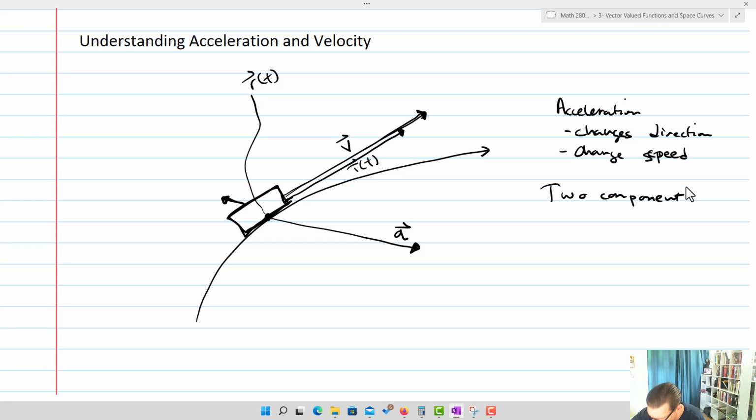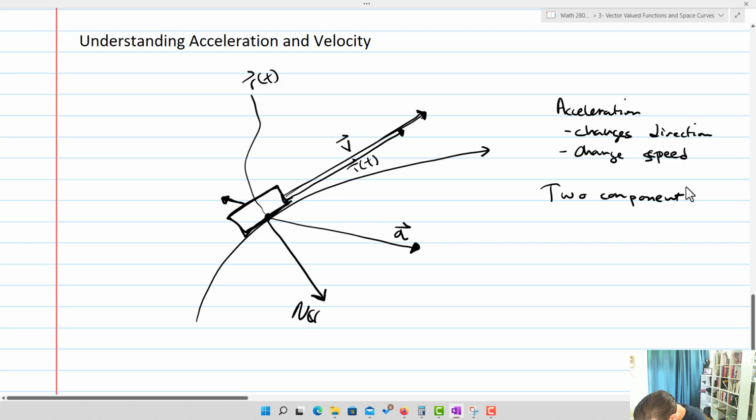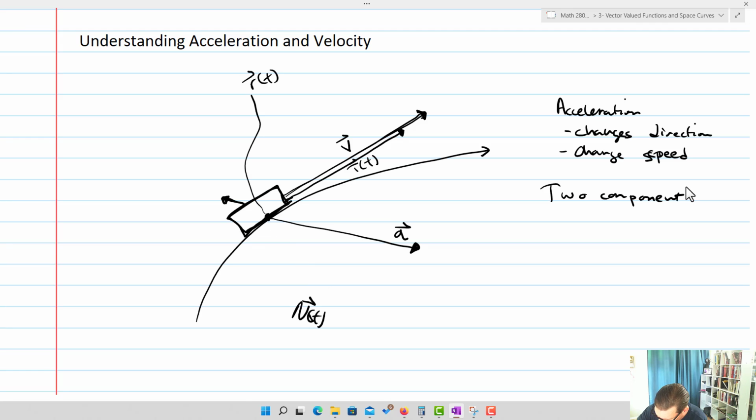And then in addition to that, we've also got a normal vector. We've got this normal, that's N of t, and that's going to be perpendicular to our tangent vector. That's the direction of the normal. Let's say, for example, our acceleration, so I'm going to extend out my normal vector just a little bit.